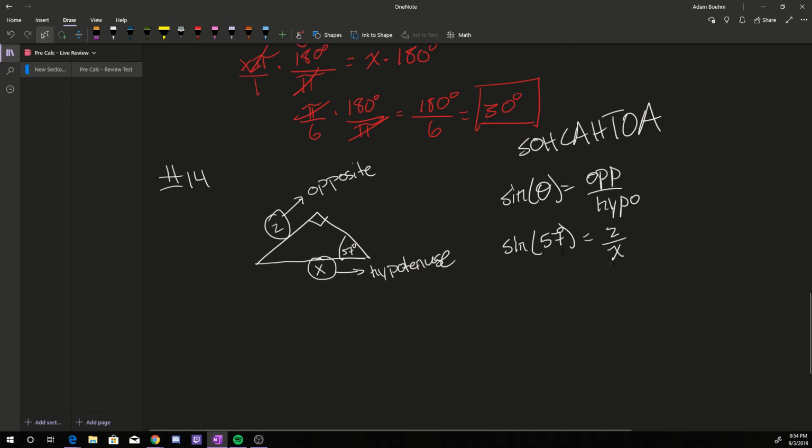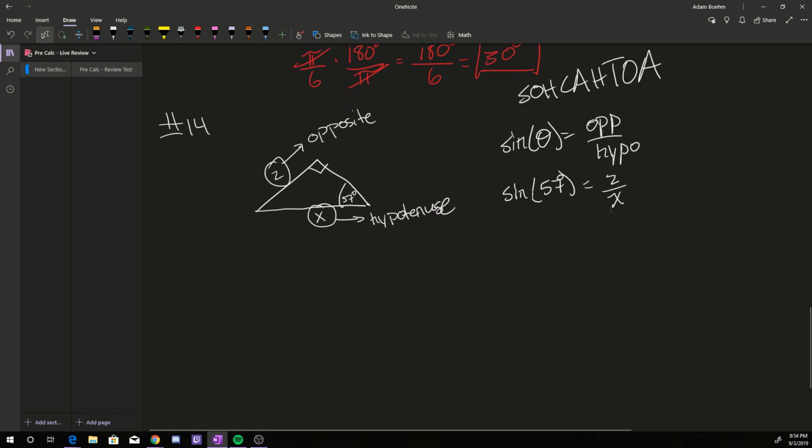So to solve this, you're really not doing any trig after this point. You can make sine of 57 some decimal, but there's no point. So we need to get x in the numerator. So we want to multiply both sides by x.